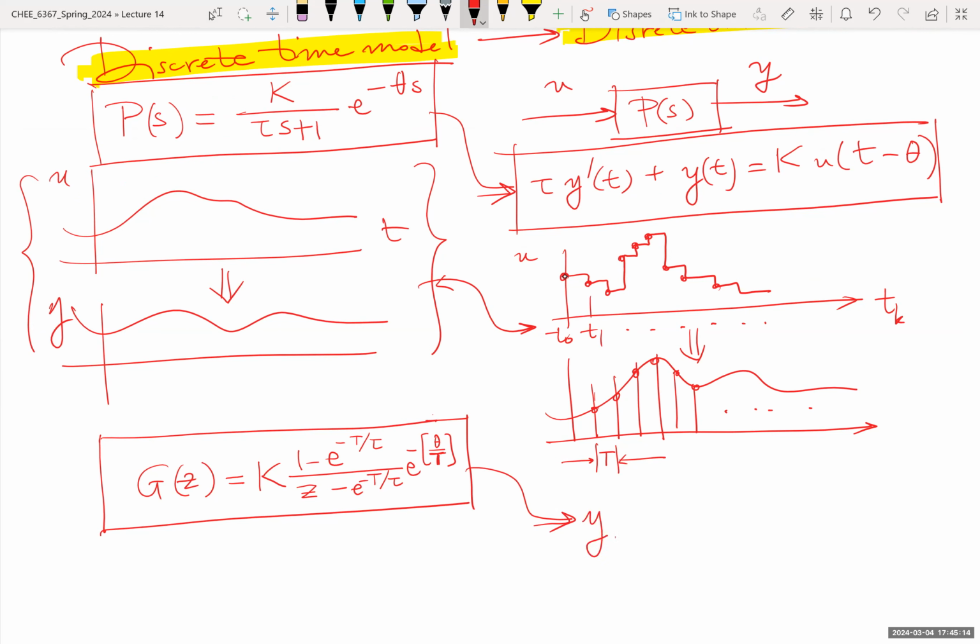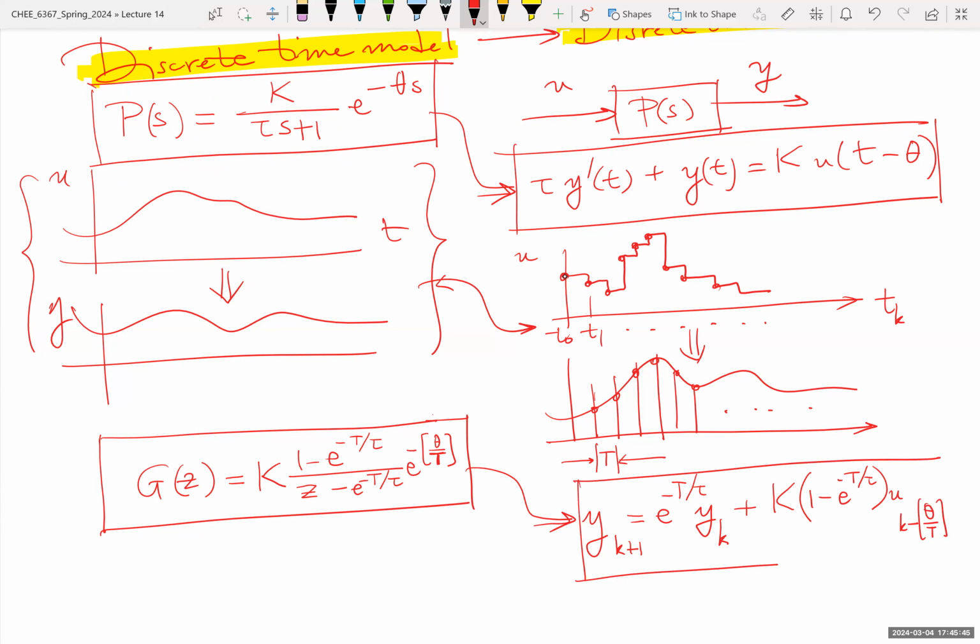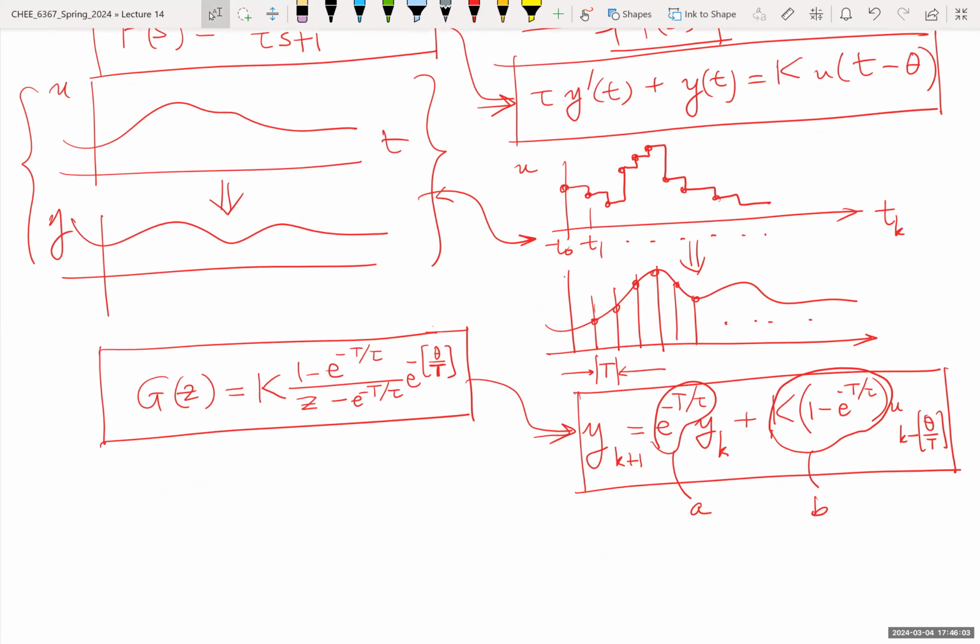And it says y k plus 1 is equal to e to the minus T over tau times y k, plus K times 1 minus e to the minus T over tau times u k minus theta over T. So now this is my discrete time equation, and this has terms like A and B. And in practice, I will identify those terms from an experiment. Okay.